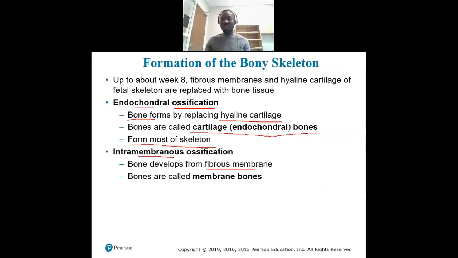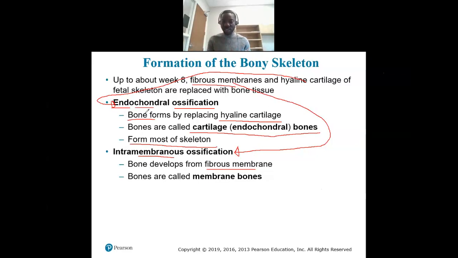All right. Now I've told you that up to 8 weeks, what forms the fetal skeleton is fibrous membrane and hyaline cartilage. Those fibrous membranes are going to initiate intramembranous ossification, and then the hyaline cartilage is going to initiate endochondral ossification. So think about it that way. Before the bone formation process proper starts, fibrous membrane and hyaline cartilage is what forms the embryo skeleton.